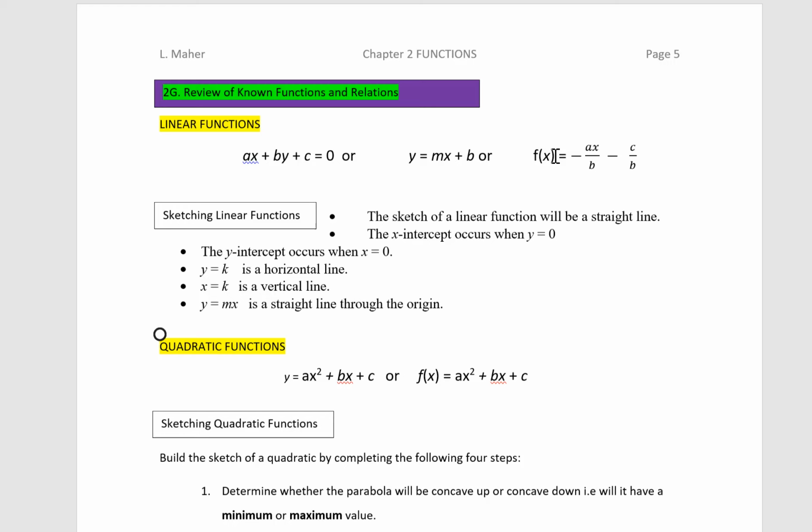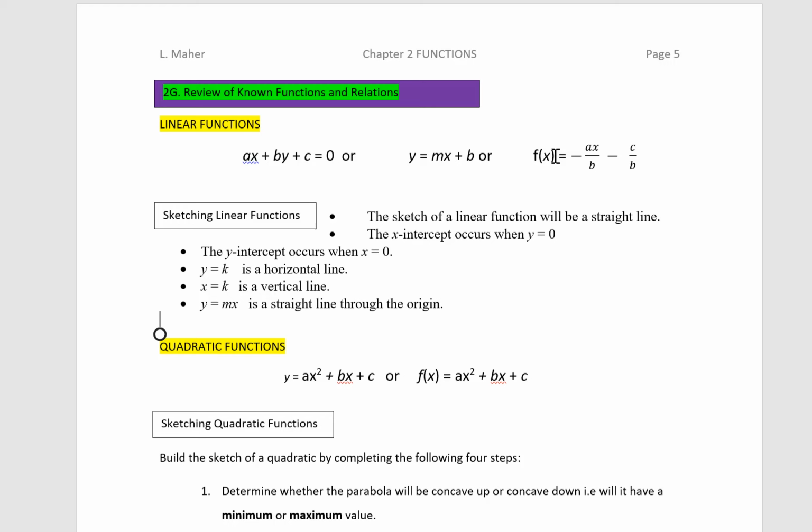You'll see me starting to write them in the function notation format. So most of the rest of this chapter now does focus on the graphs. You'll rarely hear me talk about an equation in isolation anymore.